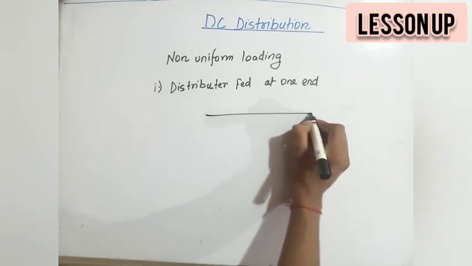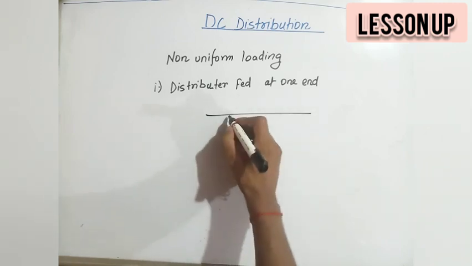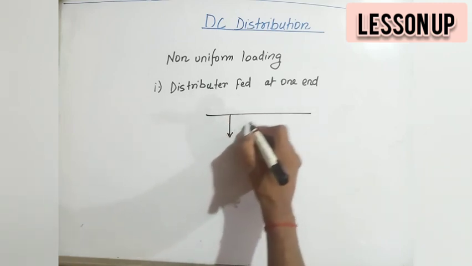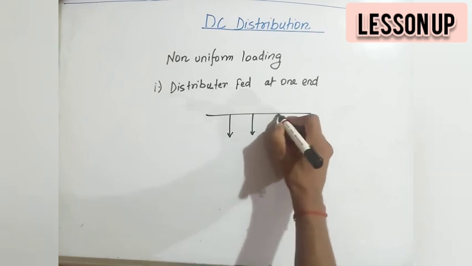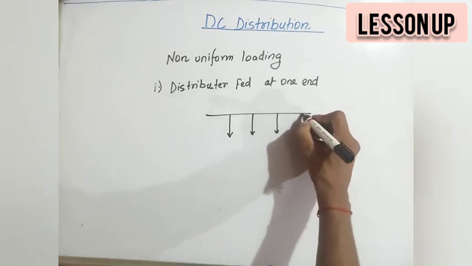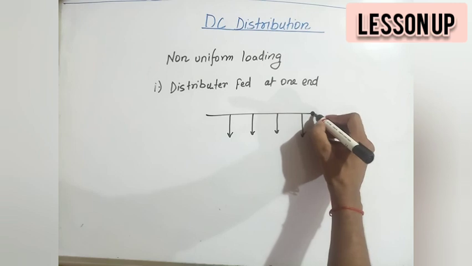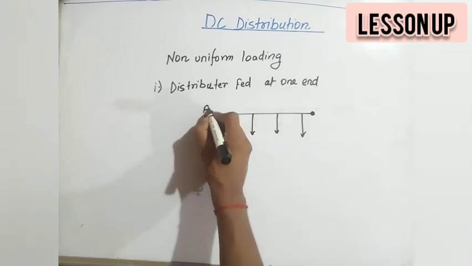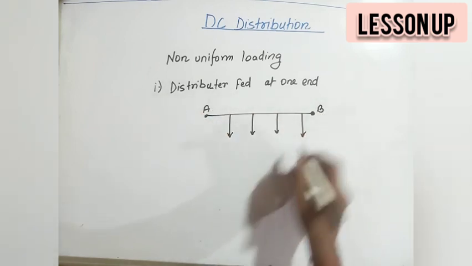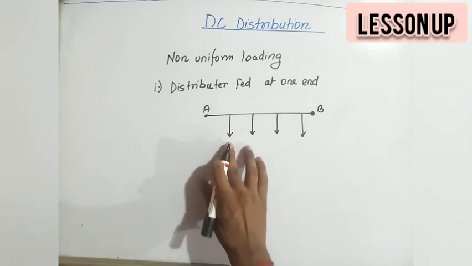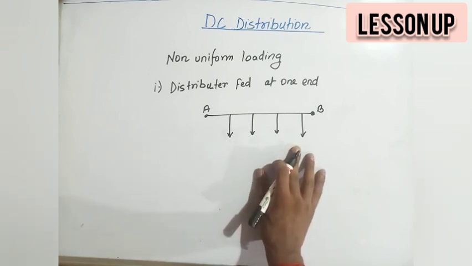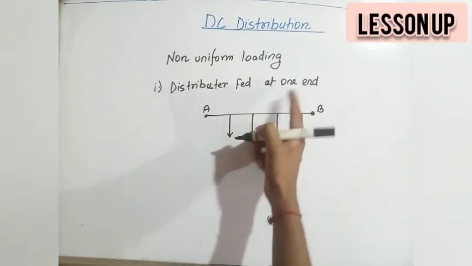Suppose we have different distributors between point A and B, and these distributors are fed at one end.